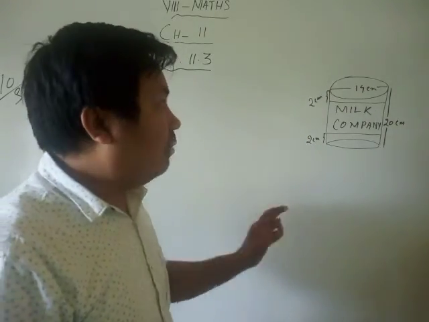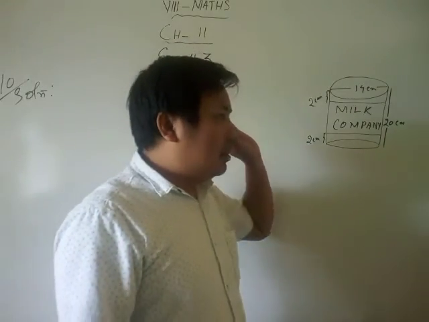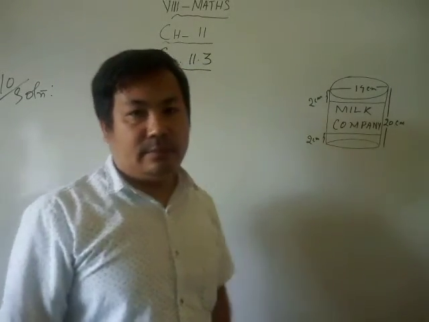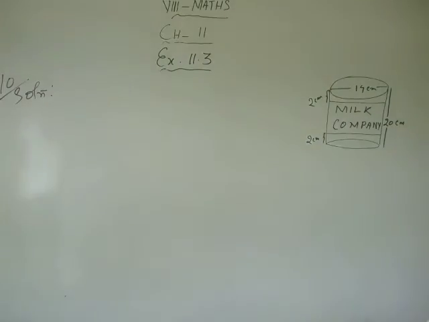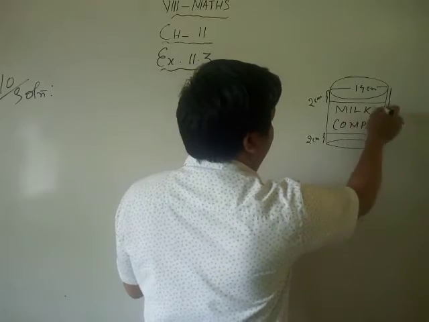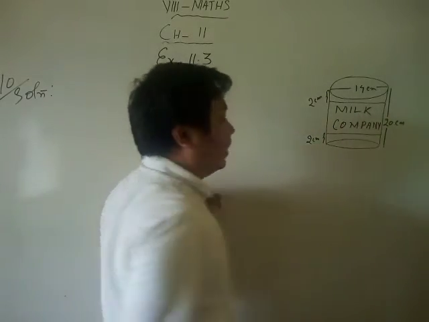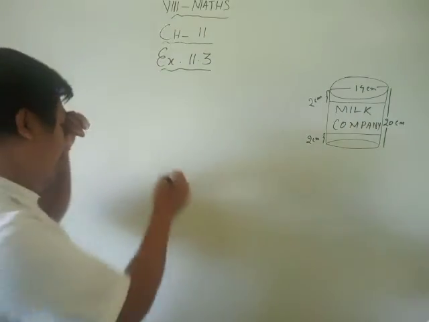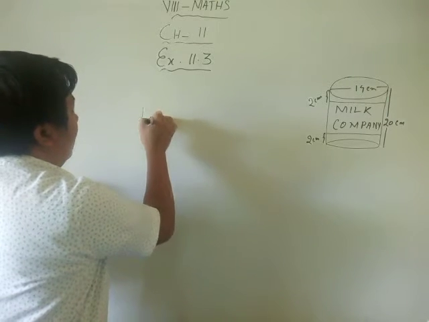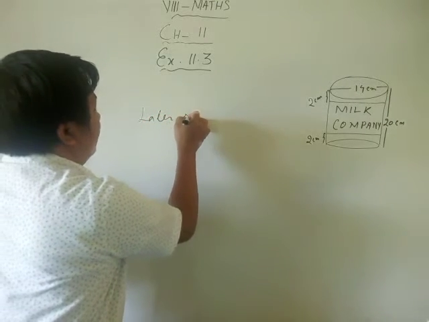So you need to find out the total area of the label. So now what we have to do is find out the area of this label. See, lateral surface area.